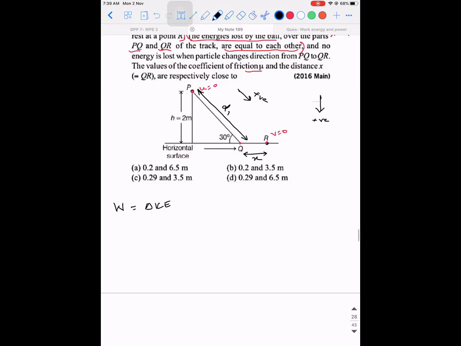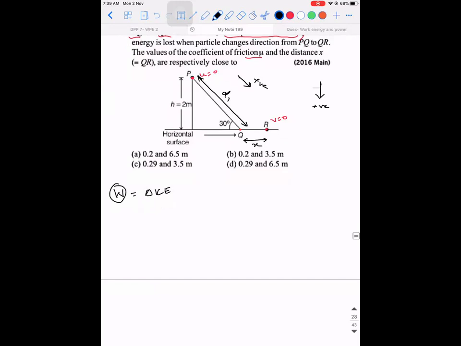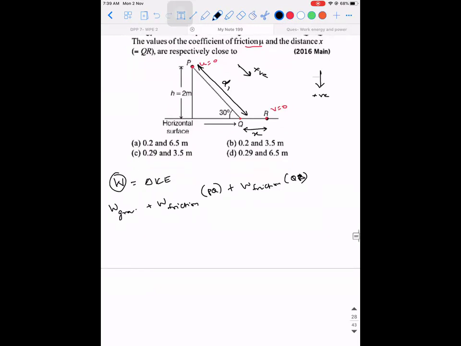Now tell me, what are all the forces? Work done by gravitational force plus work done by friction in PQ plus work done by friction in the distance QR. Correct? So what is the work done by the gravitational force according to the sign convention that I have considered? mg is acting downwards.